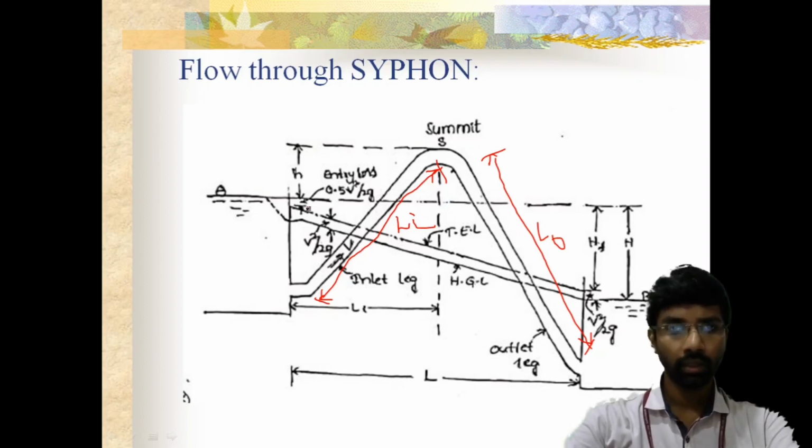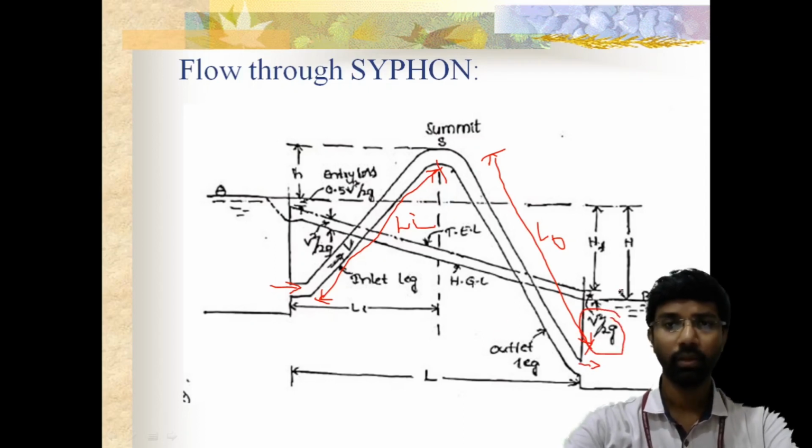And for that, here we have the entry loss 0.5 V square by 2g, and whenever the fluid flows in this siphon, frictional force acts as a resistive force. Obviously frictional loss will be considered, and then this is the exit loss, denoted here as V square by 2g, right?